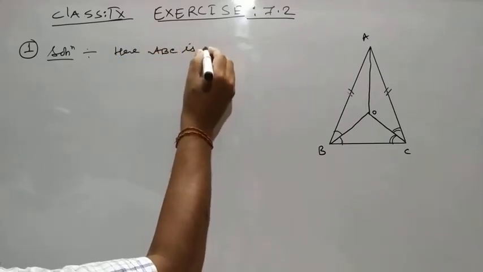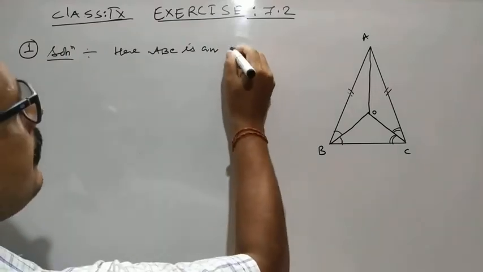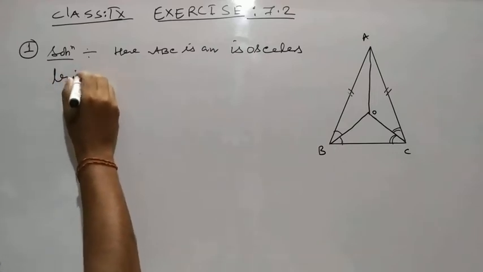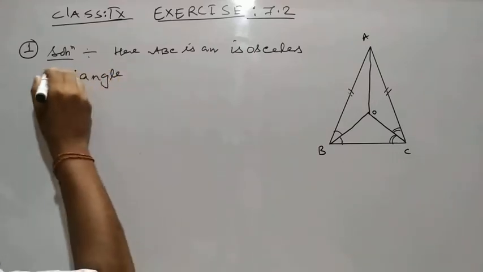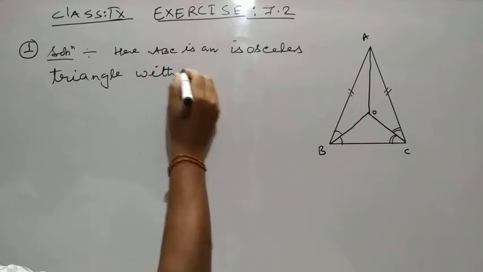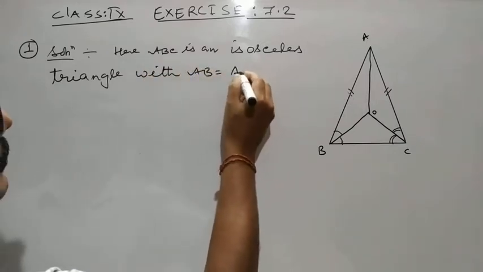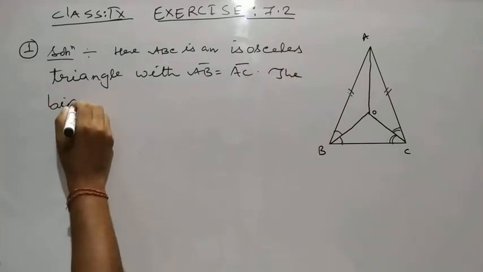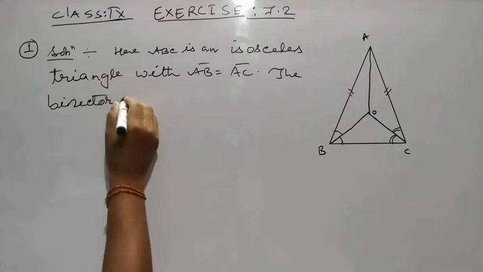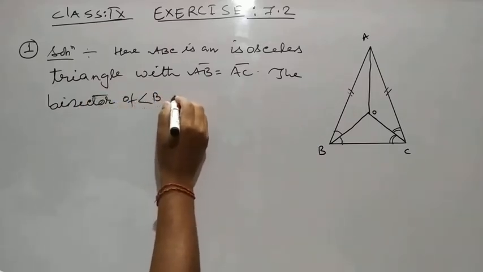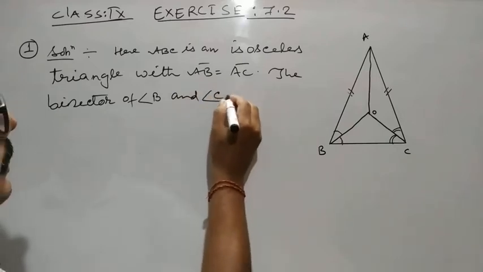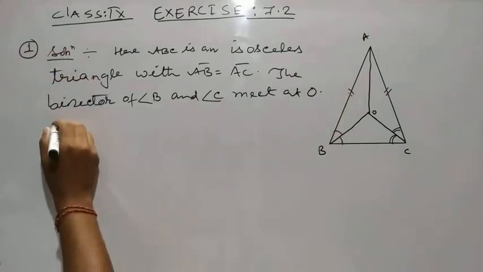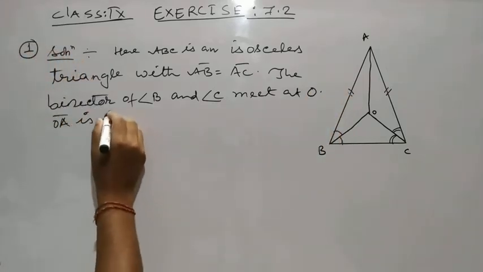Here ABC is an isosceles triangle with AB equal to AC. The bisectors of angle B and angle C meet at O. OA is drawn.